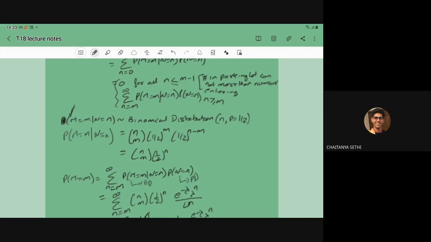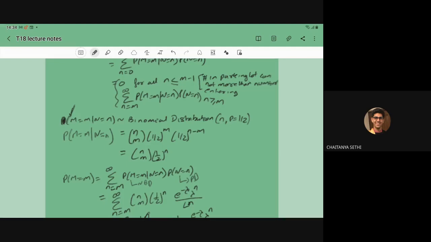It means out of N total entries, M are coming in parking lot A. Suppose N is equal to 10 and 4 are going to parking lot A. So capital M given capital N follows the binomial distribution with parameters n is equal to N and p is equal to half.